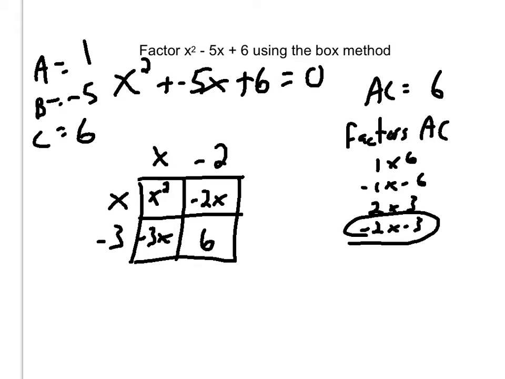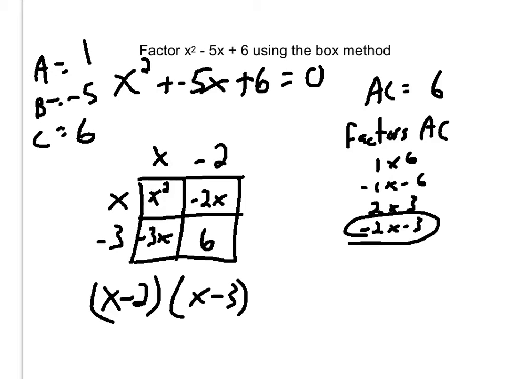And now what you're going to end up with out here are your factors. So my two factors are x minus 2, and my other factor is x minus 3. Okay, so there's my two factors. I have now factored that.